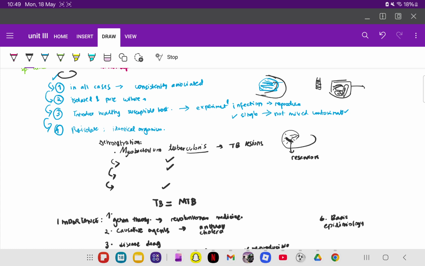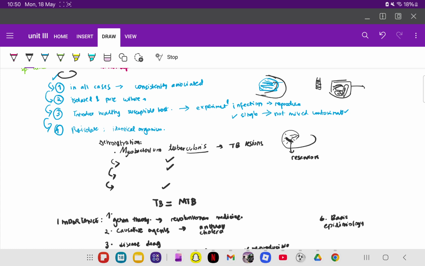Why this step is important is for the next postulate. The next thing you do is you introduce this isolated microbe into a healthy susceptible individual, right? And this is basically the experimental infection step. What should be the result is that this should reproduce the disease.